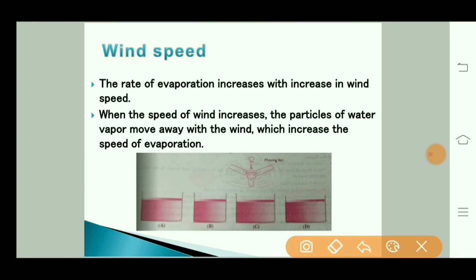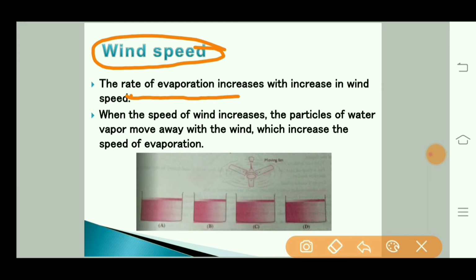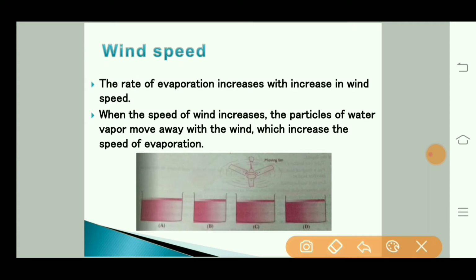Fourth factor we have is wind speed. As we increase the wind speed, the rate of evaporation also increases. For example, as shown in the figure, here a liquid is present in these containers. When it is kept under the fan, it increases the rate of evaporation.